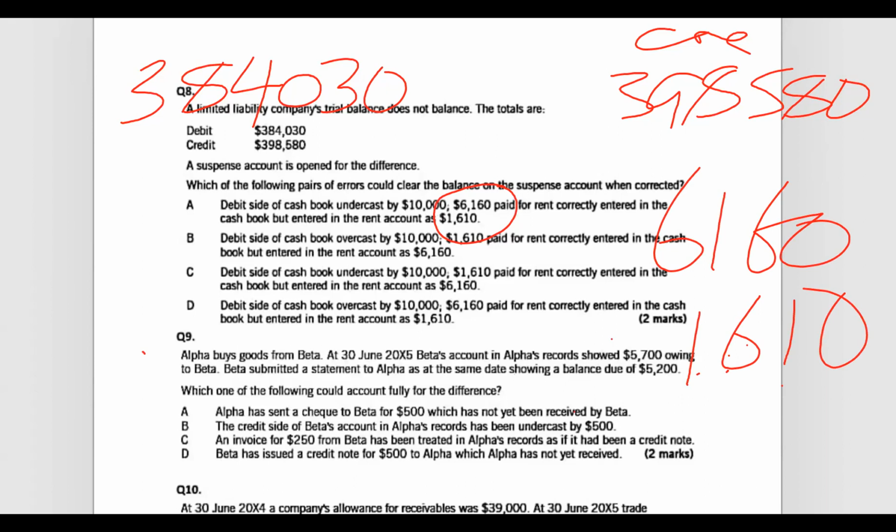The numbers have not been transposed. If they haven't been moved, then it is not a transposition error. Okay, I said who could define for us the error of original entry?